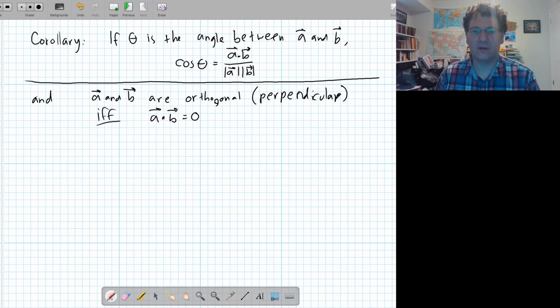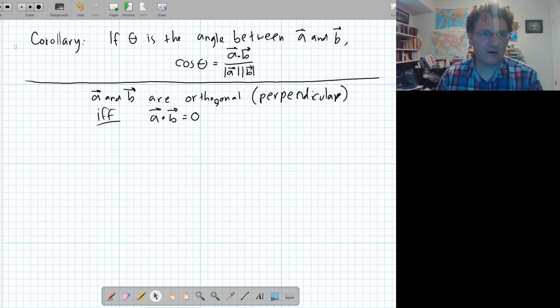So two corollaries actually that we have from this theorem.